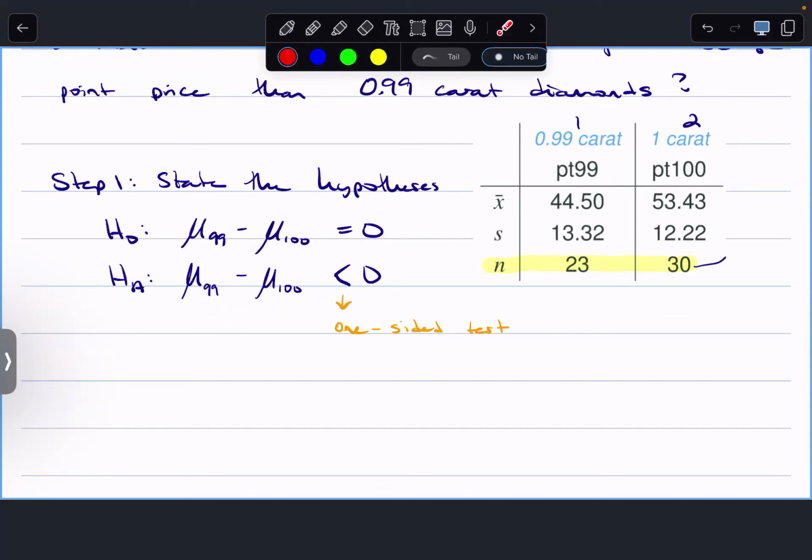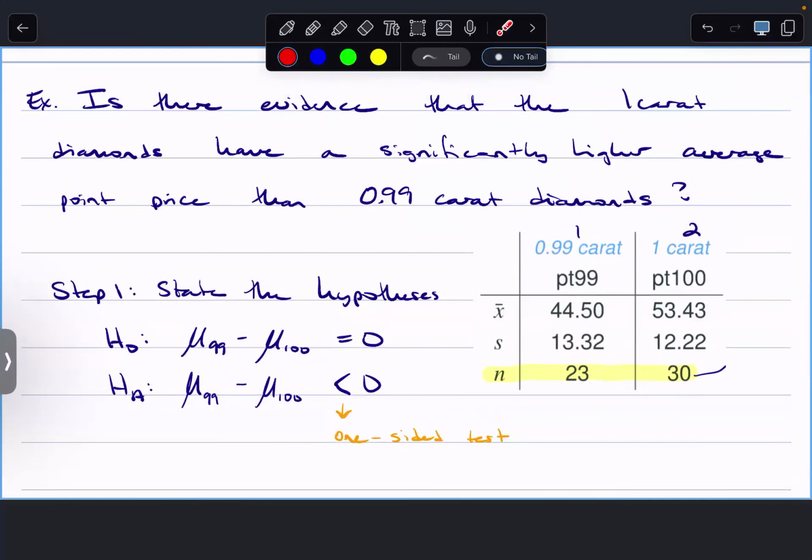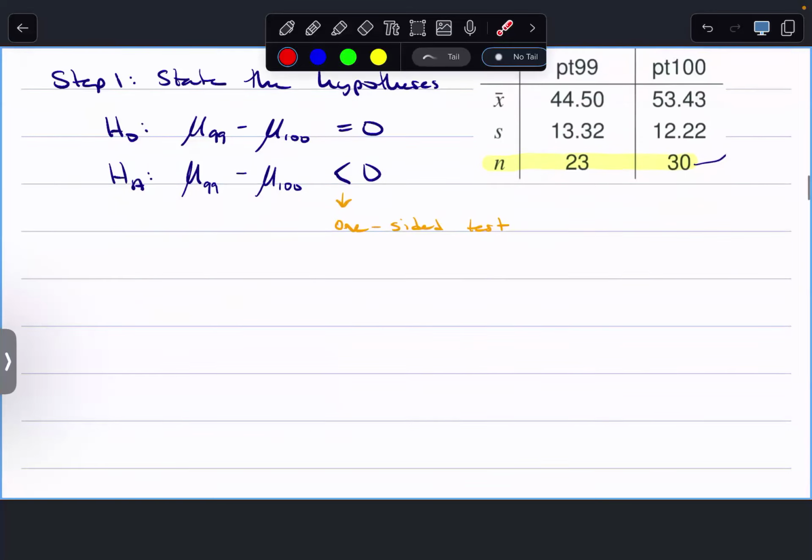Okay. And so a little bit of switcheroo, right? Because if you wanted to talk about the 1 carat versus the 0.99 carat, then you might switch these, but then it makes it hard to read the table, and I find that really confusing. So I make my adjustment here, and then I can just use group 1 and group 2 as I wanted to.